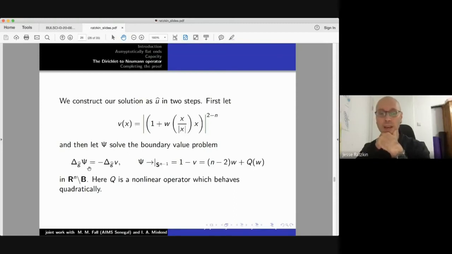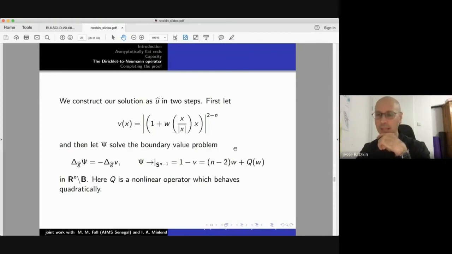I choose a function psi such that the Laplacian of capital psi is minus the Laplacian of v, and I want the boundary values of psi to be 1 minus v on my boundary.